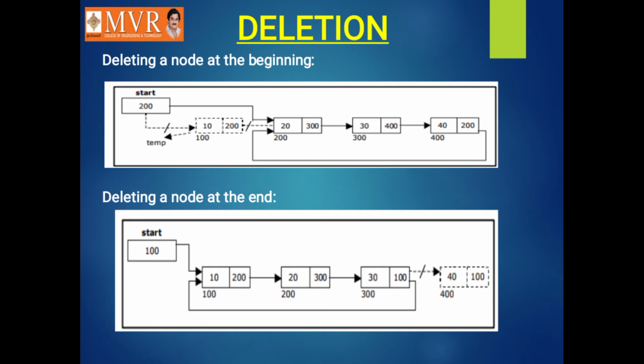Next, coming to deleting a node at the end, that is the last node, the node before the header will be deleted, and you can see clearly the link has been removed and the cross dotted lines show that the node has been deleted. Just practice these diagrams.